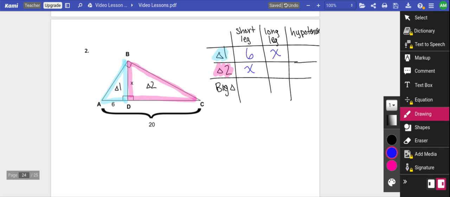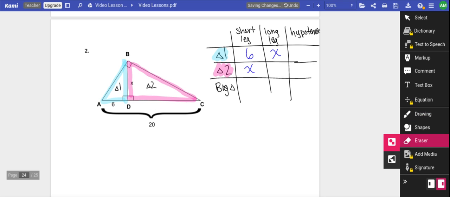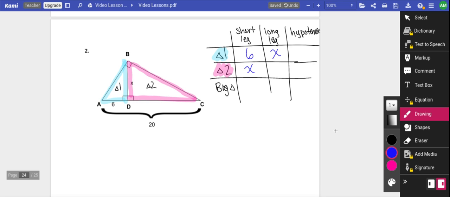No. But looking at that longer leg, I bet we could figure out this number. If the whole thing is 20 and this part is 6, can I subtract 6 from 20 to get the length of the longer leg? It's 14.